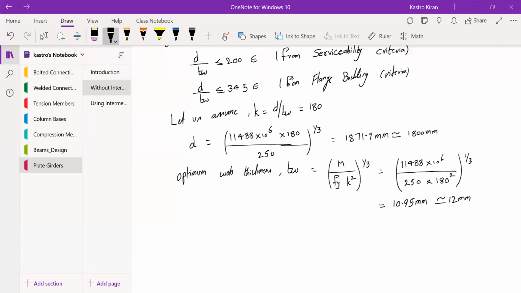Don't take odd number values, always go for even number values. So 12 mm. Now you have got the depth of the web and also the thickness of the web.